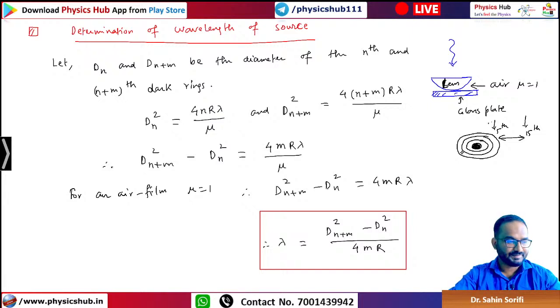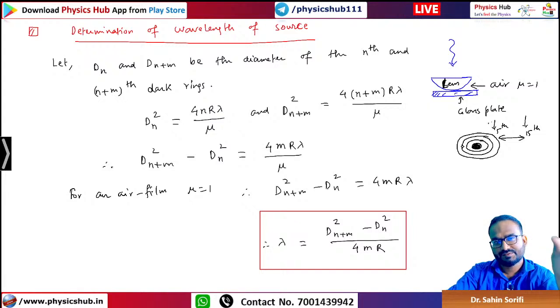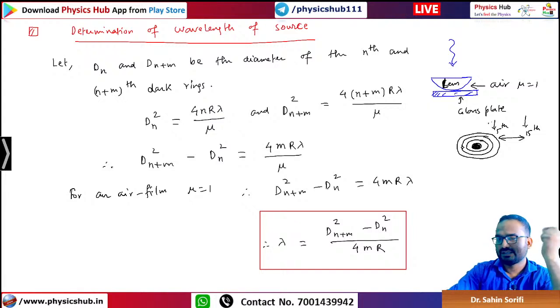Clear? Moving ahead. Now, if you are given a very costly liquid and you do not know the refractive index, you cannot do other experiments. Using Newton's ring experiment will require very little amount of that liquid.